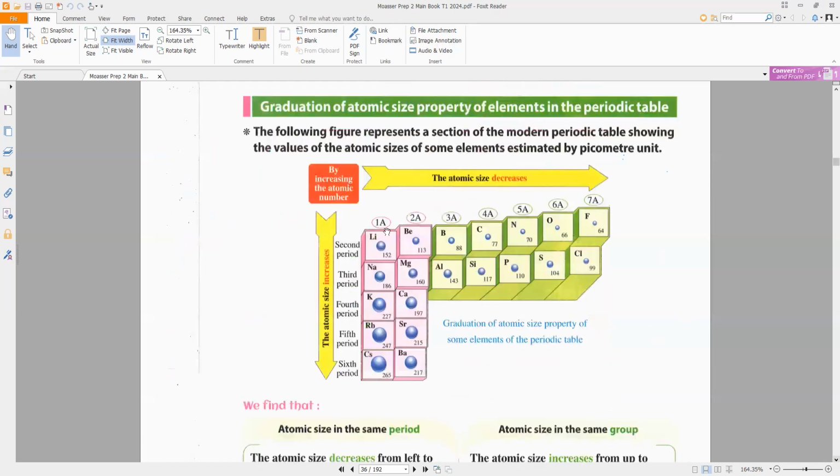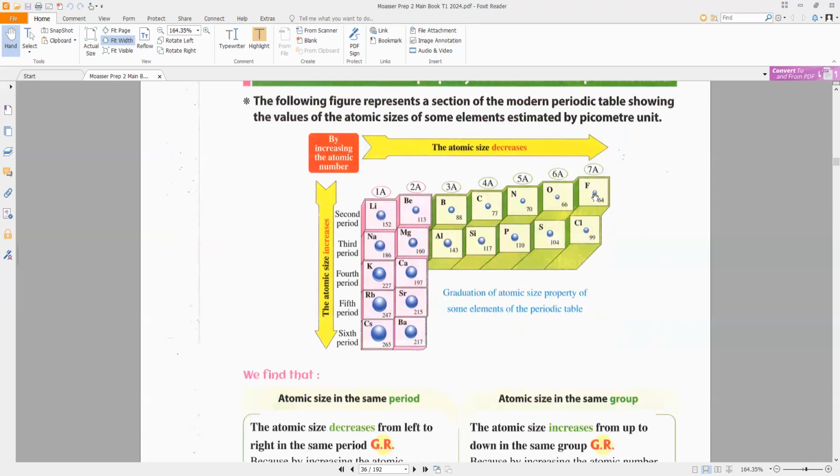The atomic number increases in the same period, but the atomic size decreases, because in the same period the attraction force between the nucleus and the electrons increases, pulling the electrons towards the nucleus, so the size decreases.